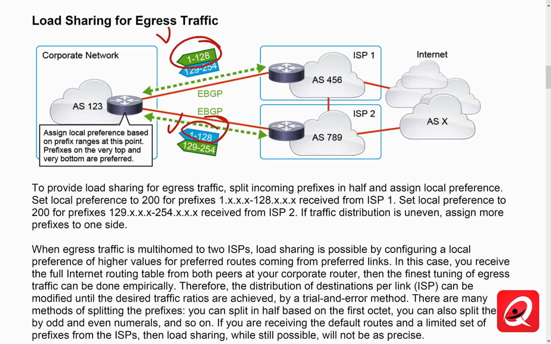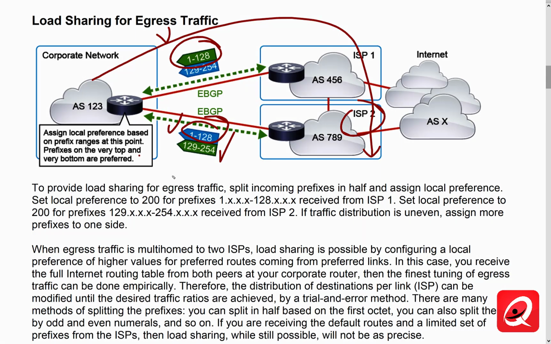and vice versa. So maybe the 129 to 254 networks are being serviced by ISP2. We could still technically get to them through ISP1, but I'd rather just go the other way, right? So again, we're just trying to make it so that the 129 through 254 networks are more preferred over the bottom link as opposed to the top link.